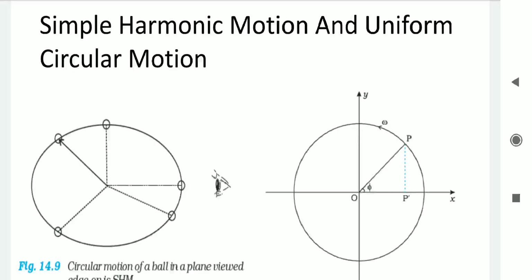While this motion continues, focus on the motion of the object from one side, or focus on the shadow of that movement of the object. From a far distance, from one side, that object is moving linearly on its axis in a straight line. So the circular motion of that object is there, and as we view it, it gives the plane motion at the edge of simple harmonic motion.